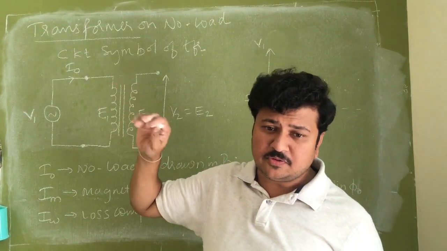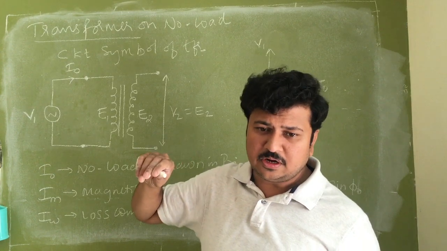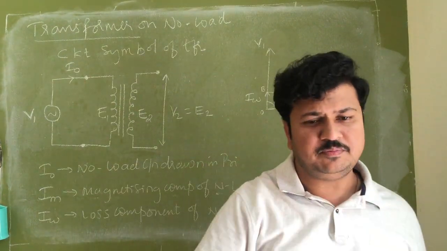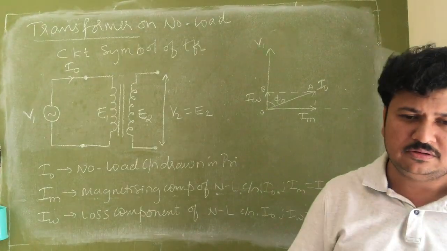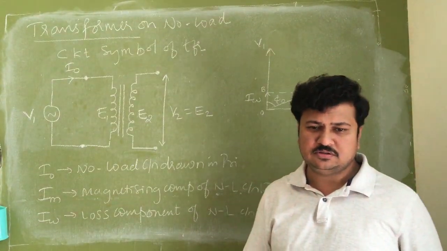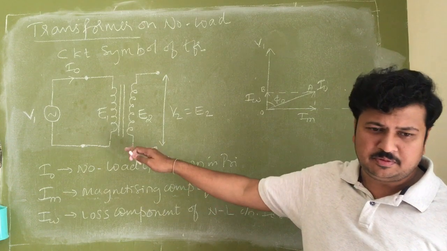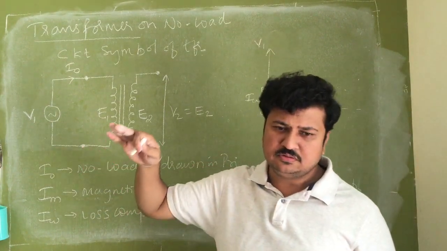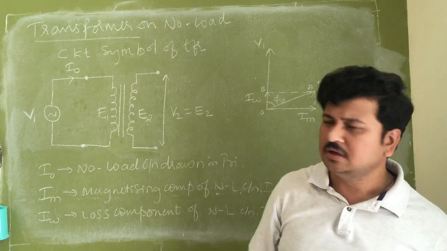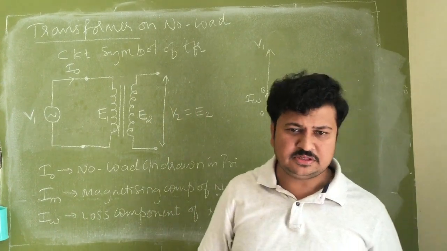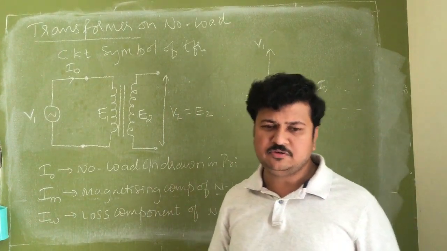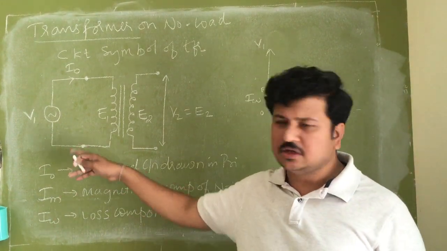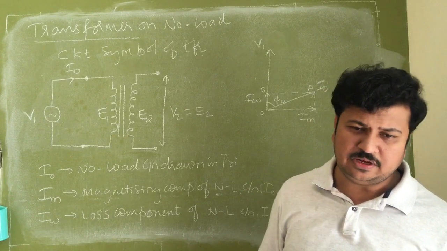Now what is the amount of current drawn? The amount of current drawn is equal to I naught, and that is equal to 0.6 or 0.5 amperes. These are practical values I am telling. These are not assumed values. Okay, every semester we do experiments on the transformers. If time permits, when the classes are reopened, I will show, if possible, how even on open circuit the current drawn by the transformer has some value.